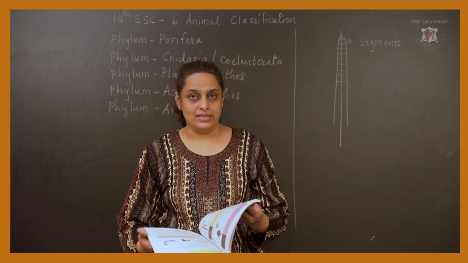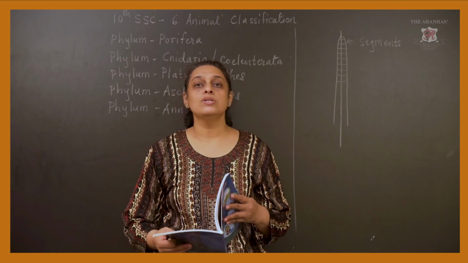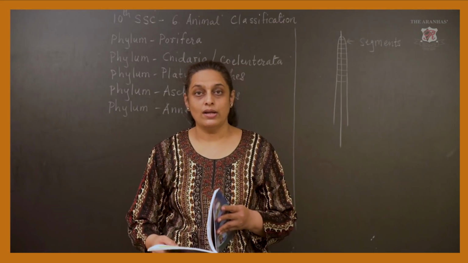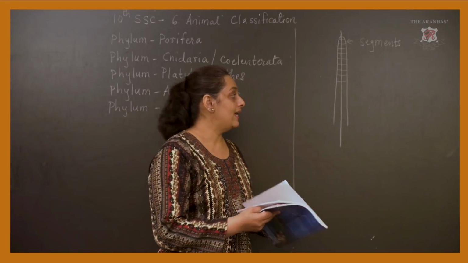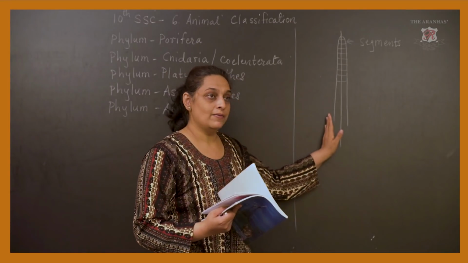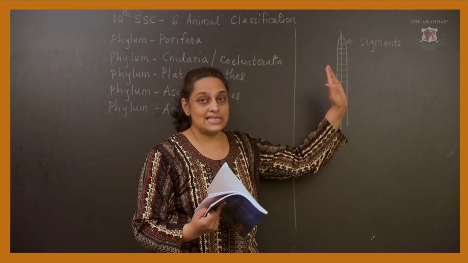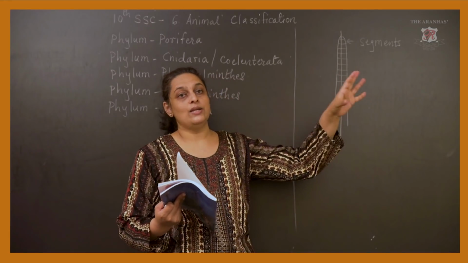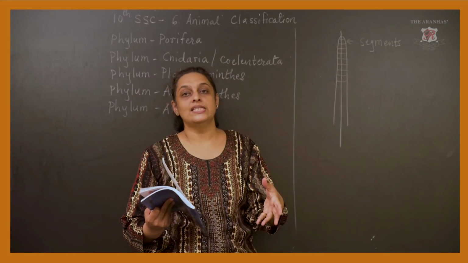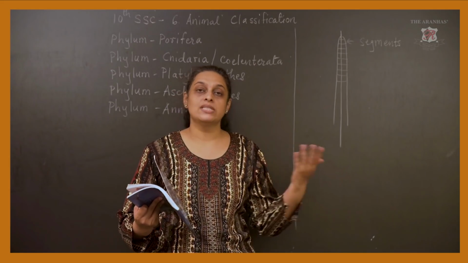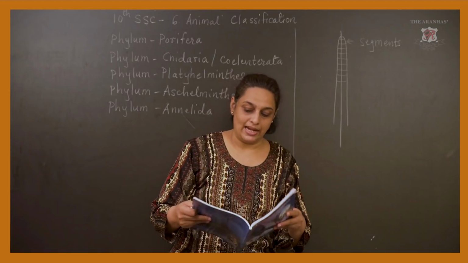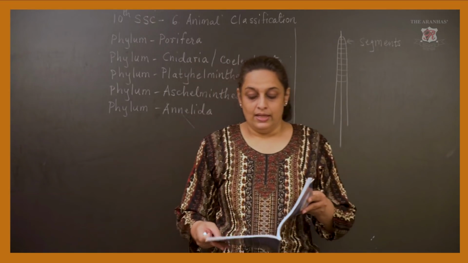And these animals are true coelomate or eucoelomate. That means there is an outer body wall, then coelom, and in the coelom there are visceral organs or internal organs of the body. So, true coelom is present in these animals. Okay.